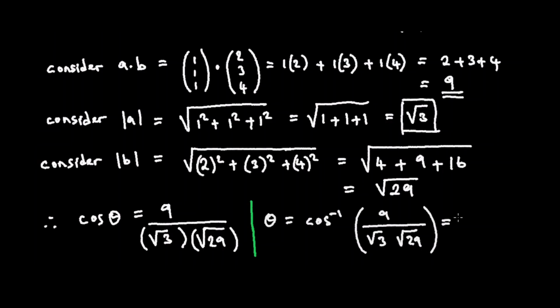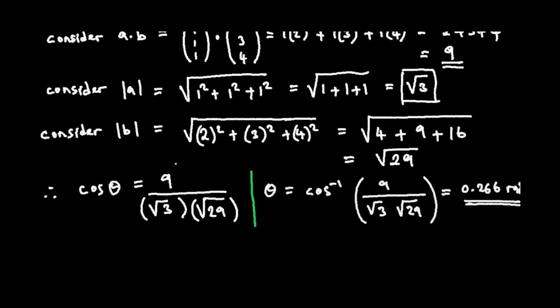So when I do this, the answer I get is 0.266 radians to 3 significant figures. Why in radians? Because I put my calculator in radians. That is why I'm getting that answer.